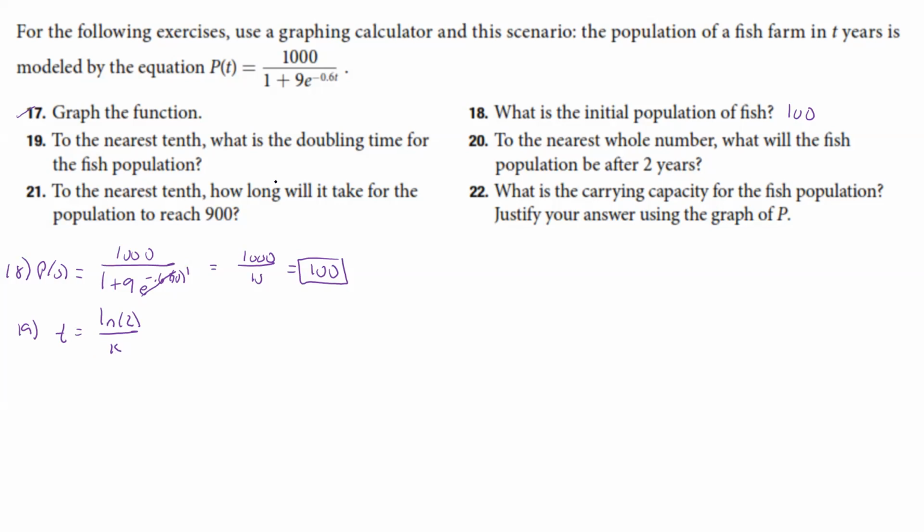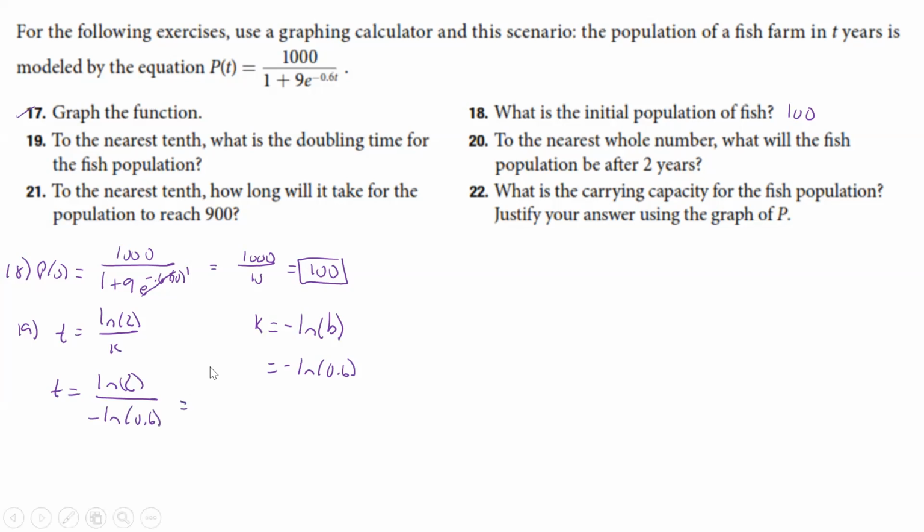What is k equal to? In this case, k is going to be equal to a negative ln of the b. What was b? b is 0.6. So k is equal to negative ln of 0.6. We can just plug that in here, and t is equal to ln of 2 divided by a negative ln of 0.6.